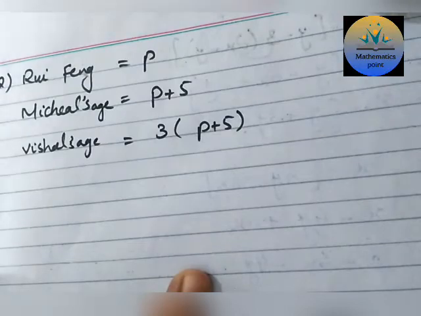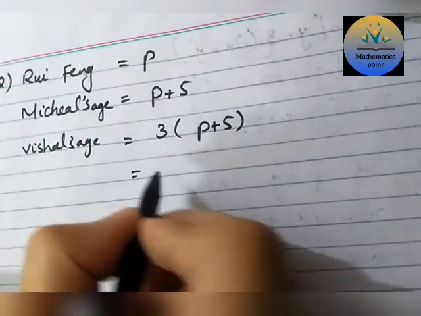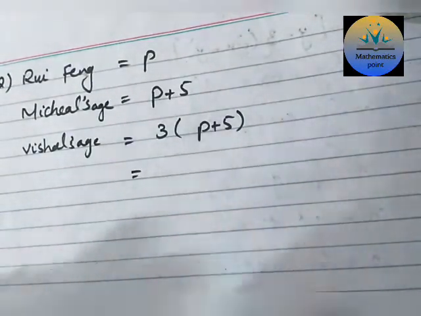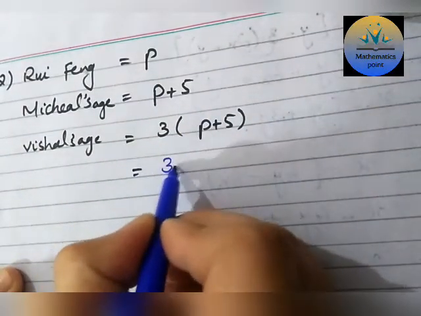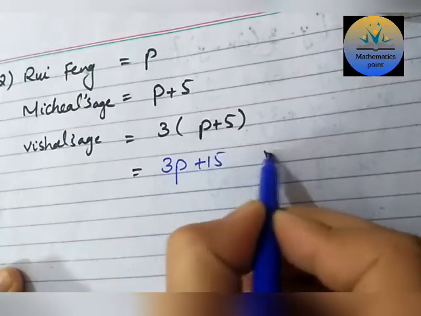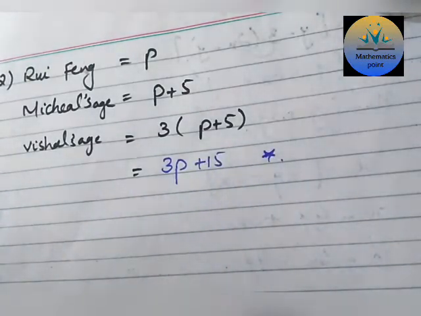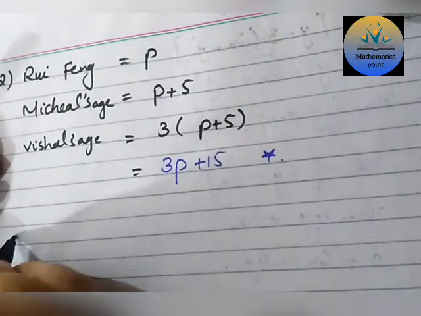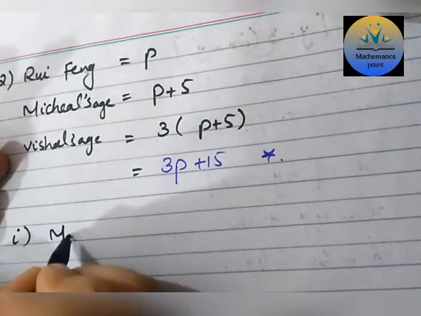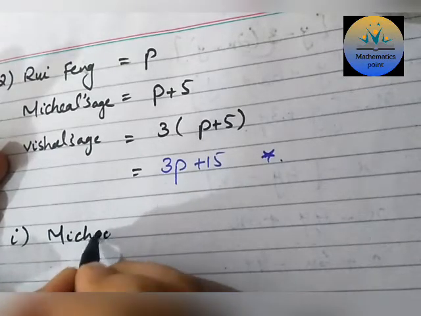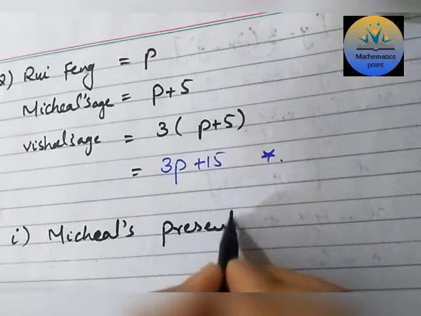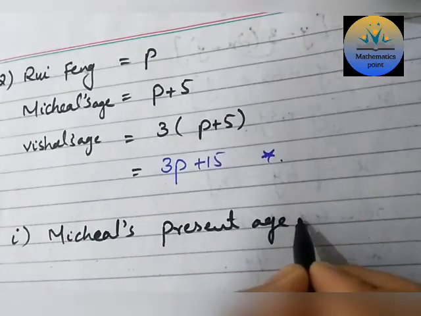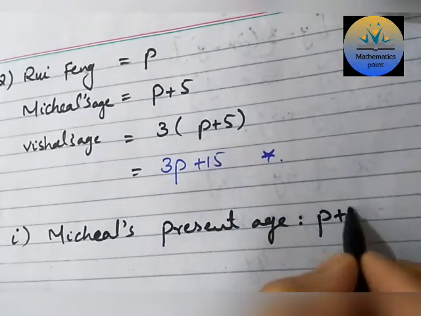Firstly we solve Vishal's age here. That is, 3 ones are 3p and 3 fives are 15. Now these are the present ages. First is Rufik's present age, p. Second is Michel's present age, that is p plus 5.